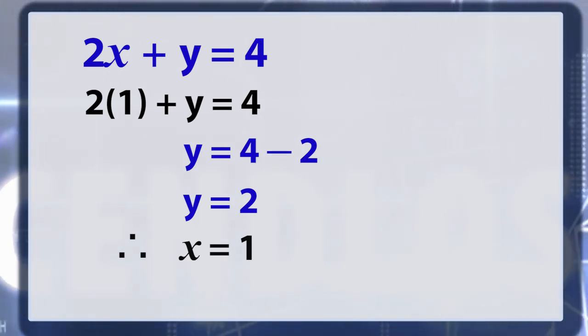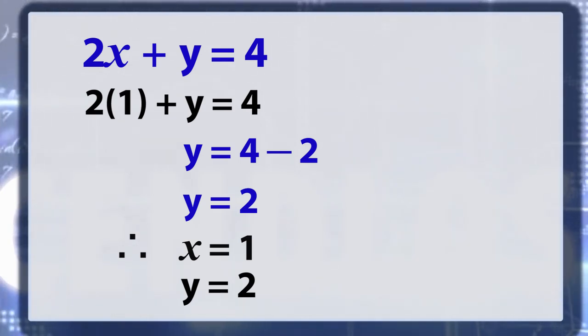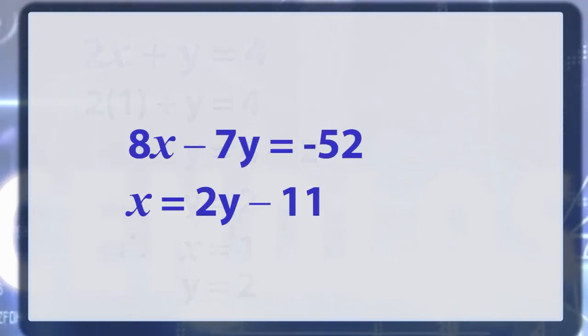So the solution to this particular simultaneous equation is x equal to 1 and y is equal to 2. I believe that was easy. Let us take a look at another example. Solve the equations. 8x minus 7y is equal to negative 52 and x is equal to 2y minus 11.